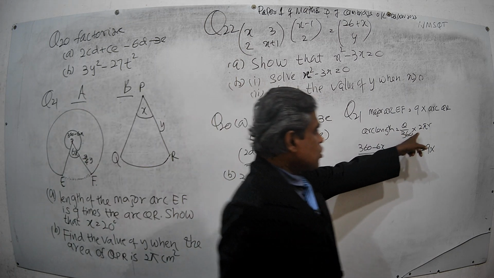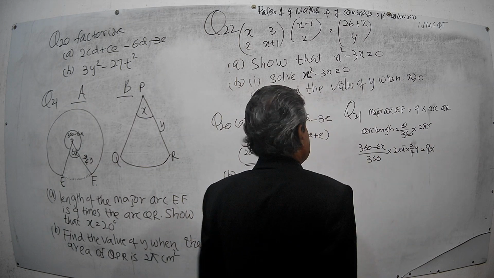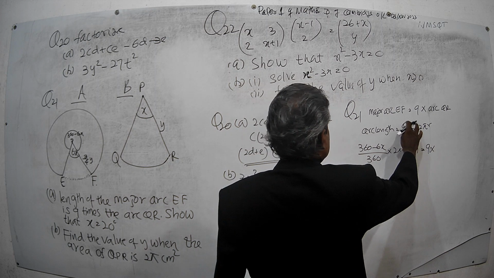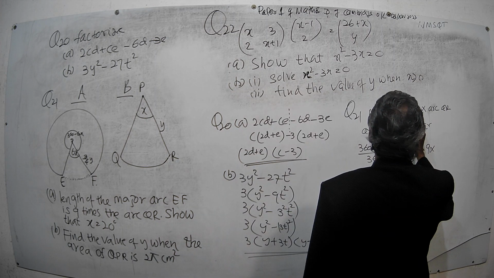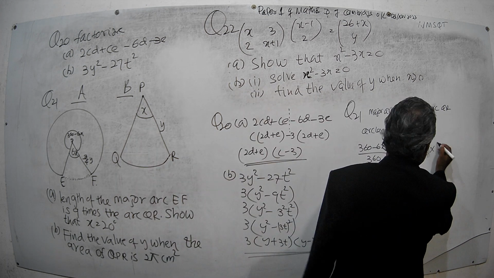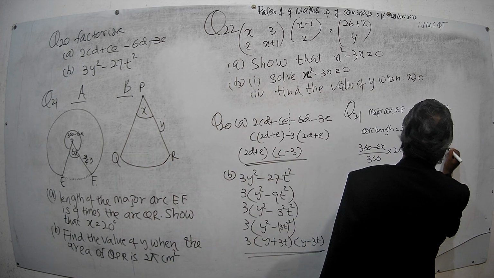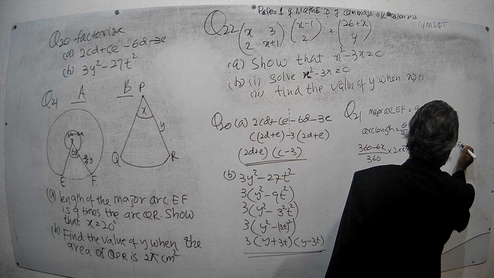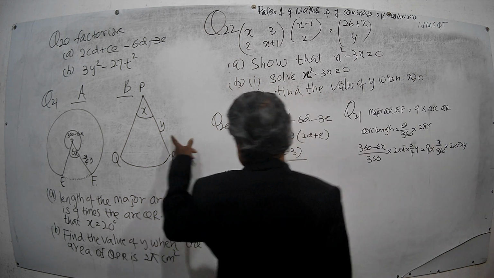The same principle is used to find arc QR also. There the angle is x. Then x over 360 into 2 into pi into y. Y is the r. Okay.